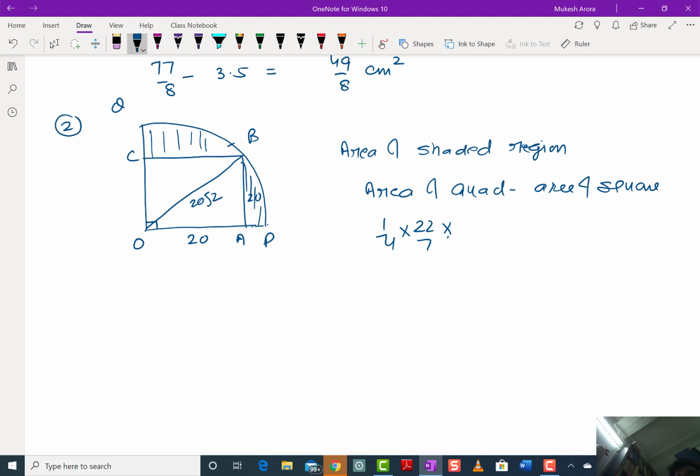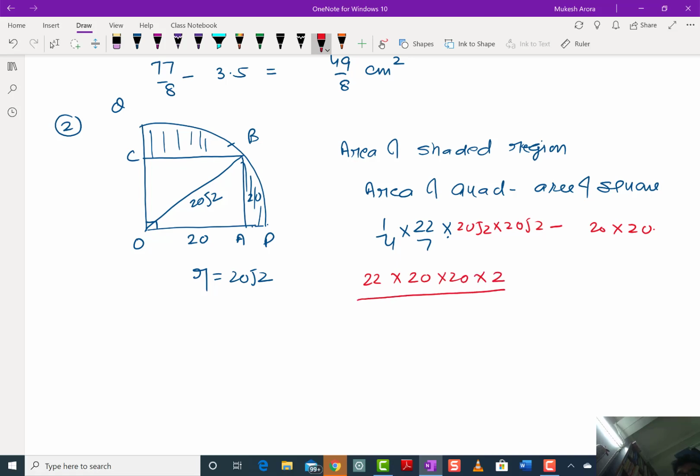So this is the radius, so this will be 20 root 2 into 20 root 2 minus 20 into 20. So this will be 22 into 20 into 20 into 2 by 7 into 4.